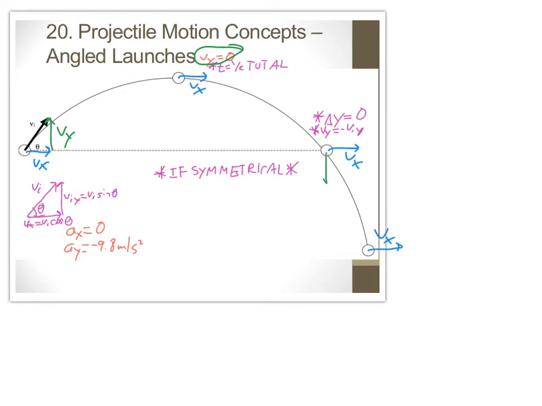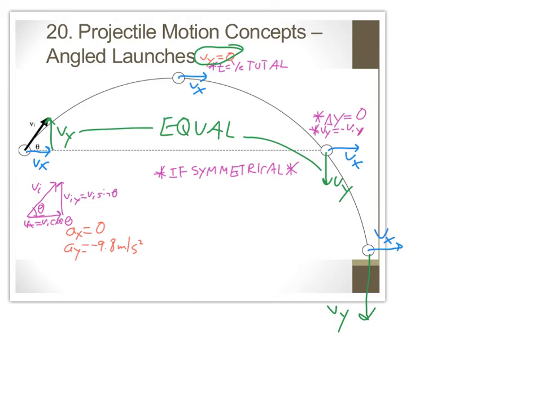And then when we return to that spot, we have a downwards y velocity. And these two y velocities should be equal, so those arrows should be the same length. It's just that one's going up, the other's going down. When we return to that same y position, we have the same velocities just going down. And then obviously when it gets down to here, we have even more y velocity because it's accelerating.